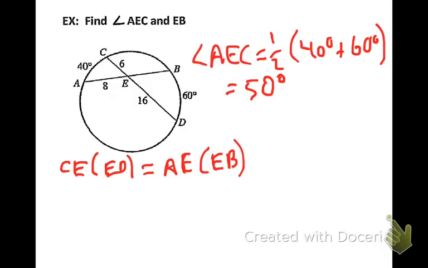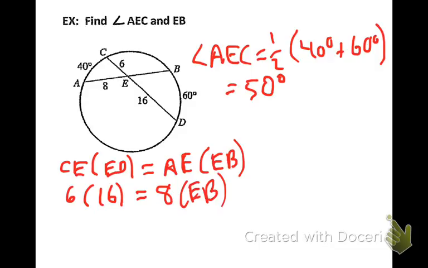So then we plug in, CE is 6. 6 times 16 is equal to AE, which is 8, times EB. So that's going to be 8 EB equals 6 times 16. What's that? Middle math? Yes? 96. Right, so then EB equals what? 12. EB is 12.